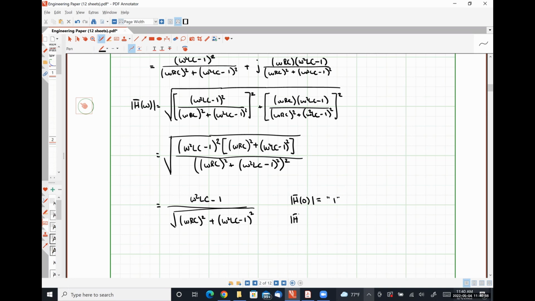At very high frequencies, we're going to wind up having infinity squared over the square root of infinity to the fourth power, infinity squared over infinity squared, or 1. And so we can see that we pass low frequency signals, we pass high frequency signals. And so this is a band stop filter because it's in that intermediate range where signals start getting attenuated.